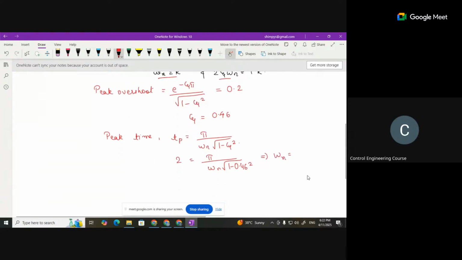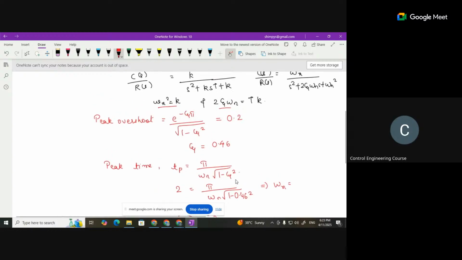Be ready with your calculators and calculate quickly and tell me the values you're getting. Yes, how much? 1.35 or something.